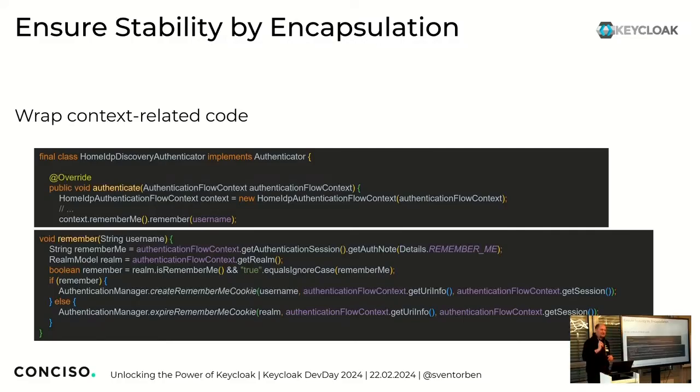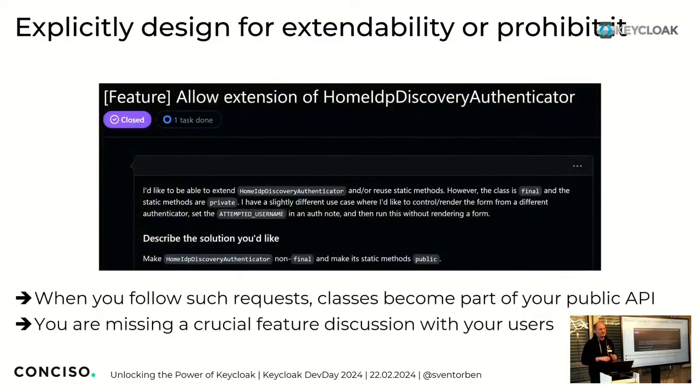And then there's another thing which I would like to share, which is to explicitly design for extendability or prohibit it. So once you have this extension out in the wild, people start using it. People ask me, hey, I want to extend your extension. But I can't call that method because it's private.